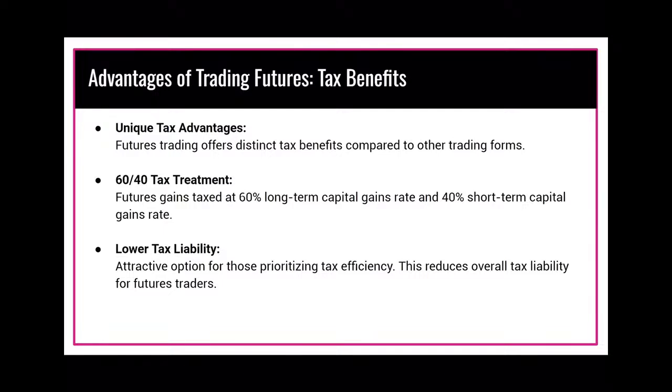Under this tax treatment, 60% of futures gains are taxed at the lower long-term capital gains rate, while the remaining 40% is taxed as short-term capital gains, subject to an individual's ordinary income tax rate. This tax treatment can significantly reduce the overall tax liability for futures trading, making it an attractive option for tax-conscious investors. This applies to US-based traders for application of the US tax law and requirements.